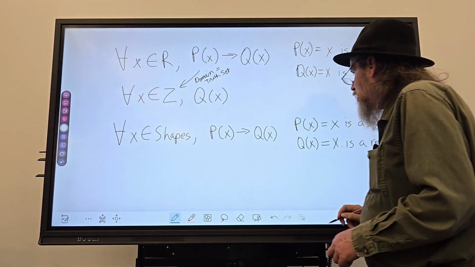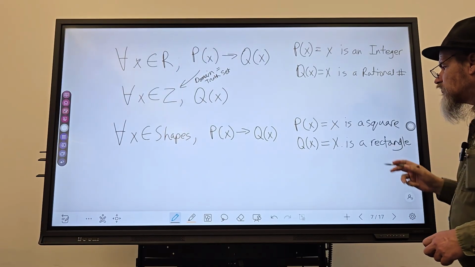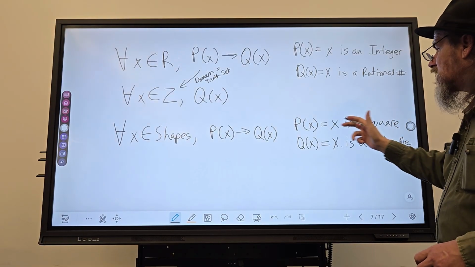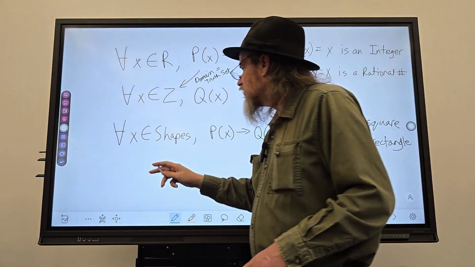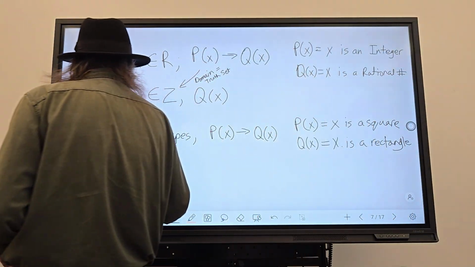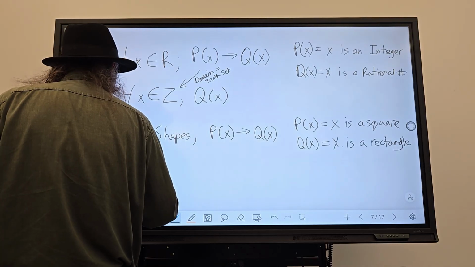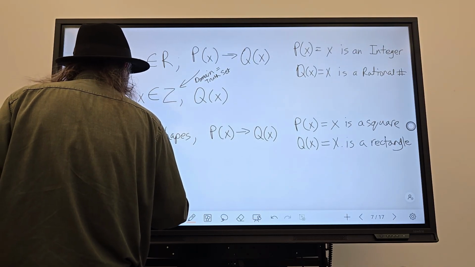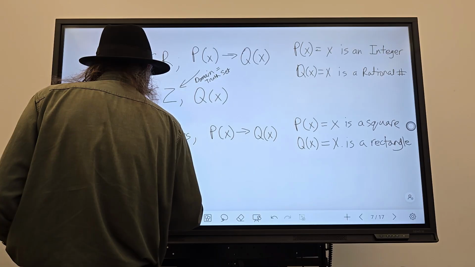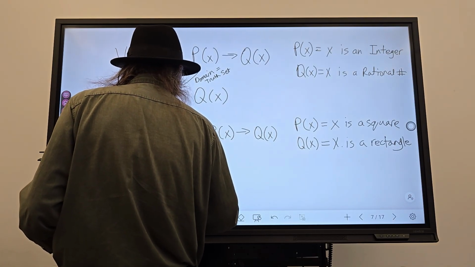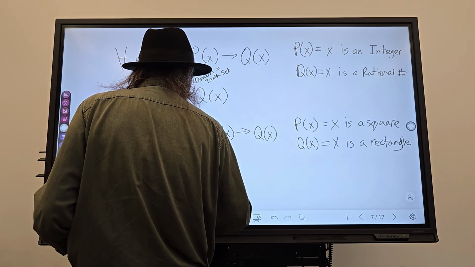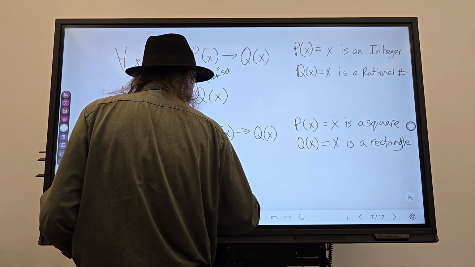Now, you can make the truth set of P of x the domain of x, and make it for all x element of squares, Q of x.